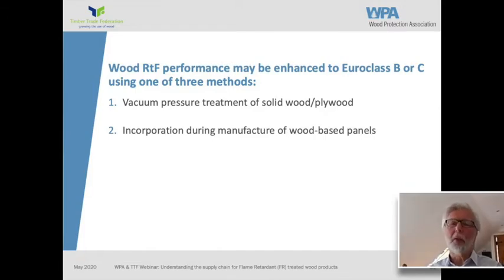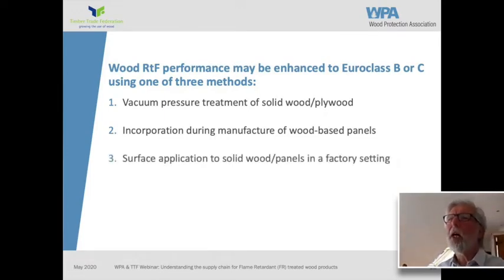And we'll come back a little later to the implication for CE marking and the Construction Products Regulation of these different types. But suffice it to say, 1 and 2 are well-established technologies that are trustworthy and have good track records.